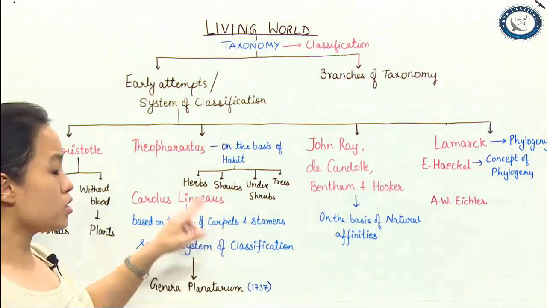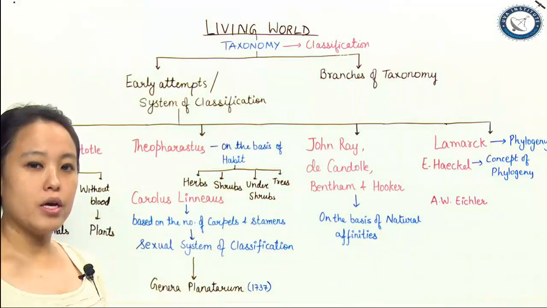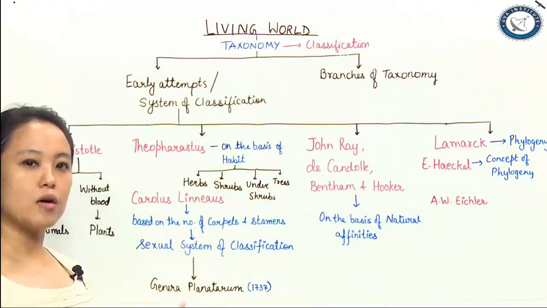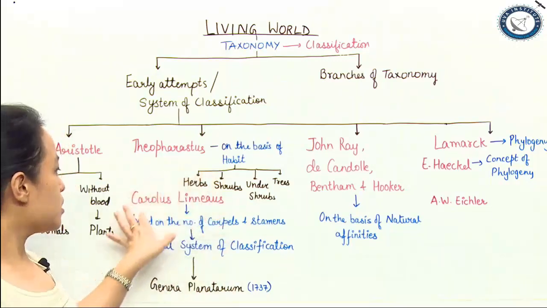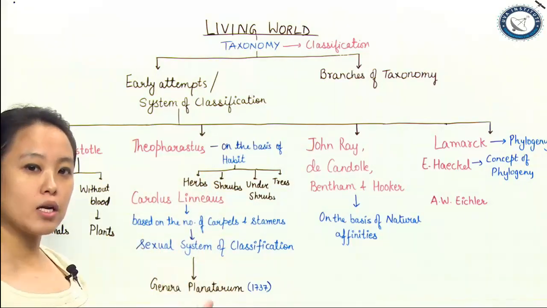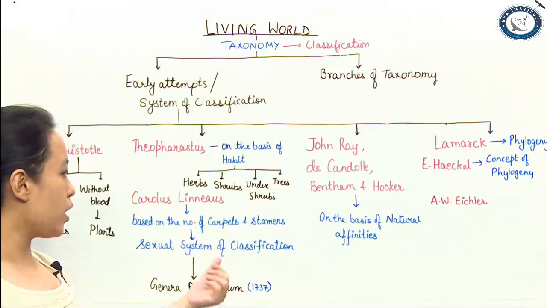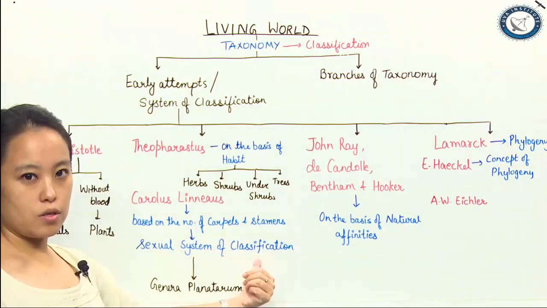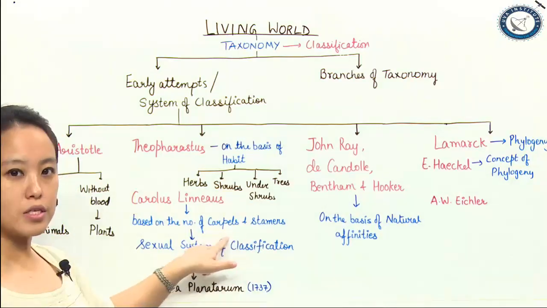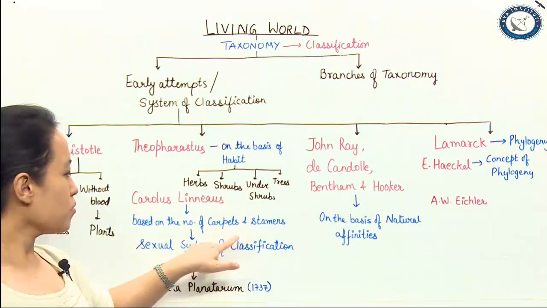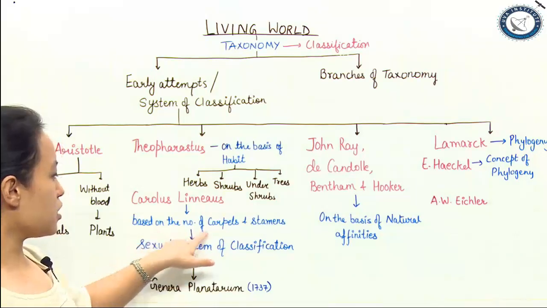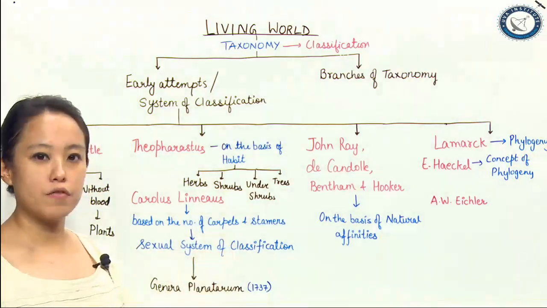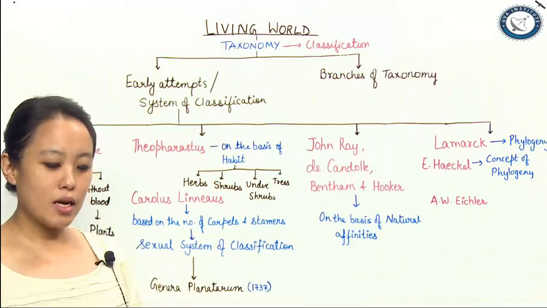Okay, and because he was able to identify that there is a male reproductive structure and a female reproductive structure in a plant, this system of classification given by Carolus Linnaeus was also known as sexual system of classification, because he was able to identify these. Okay, and yes, his system of classification, which is now known as sexual system of classification, what he did in that classification, let me clarify that one.